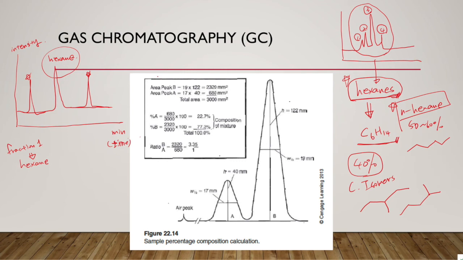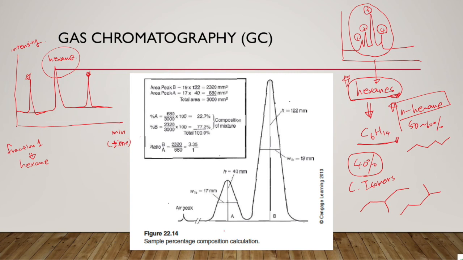In modern GC instruments, the software has its own calculation method, and it automatically calculates all the areas and provides the percent composition of the components in the sample. But for the education purpose, we're just going to use the old school method, which is triangulation.